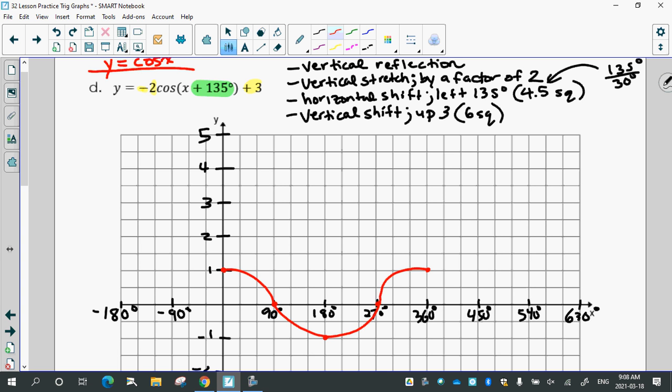And the vertical shift means our central axis is moved. So our new central axis is going to be at 3. Which is a good way to know whether you've moved your points properly or not. It shall always be the same distance above the central axis as below it or on it. Okay?